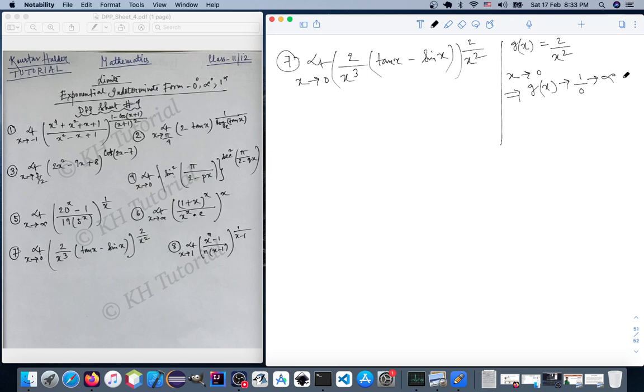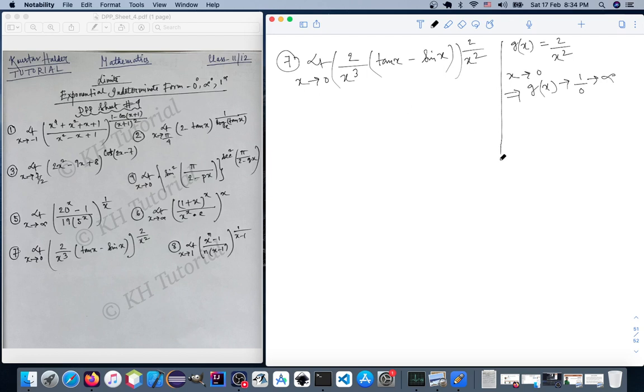So it has an indeterminate form, where the power is infinity. For this limit to exist, the limiting value of the base, that is 2 by x cubed multiplied by tan x minus sin x, has to be 1. Only then we will get the indeterminate form 1 to the power infinity.